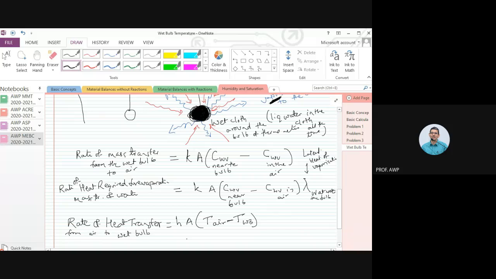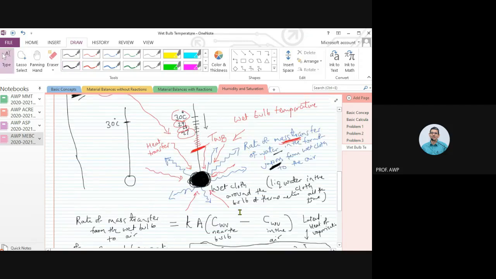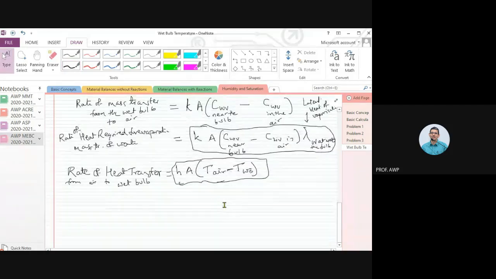So when this rate of heat transfer equals the heat requirement for the evaporation of water from the mass transfer point of view, then this thermometer will reach a constant steady state temperature, which we will call the wet bulb temperature, because the liquid water that is here will be at this temperature. I have just repeated whatever I said in words previously.